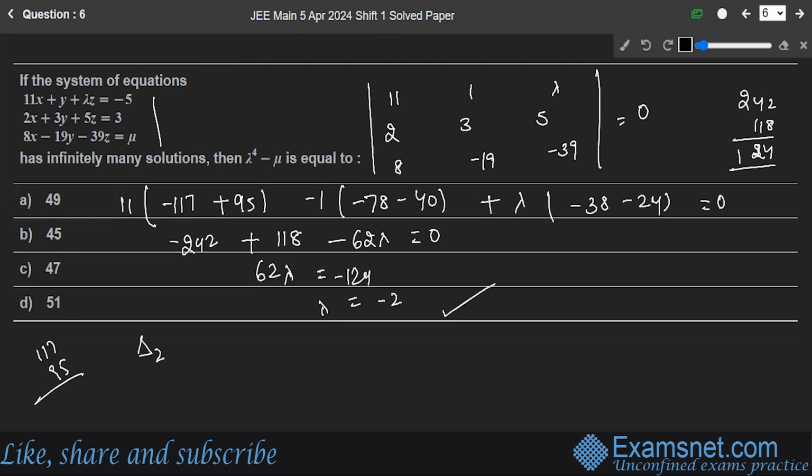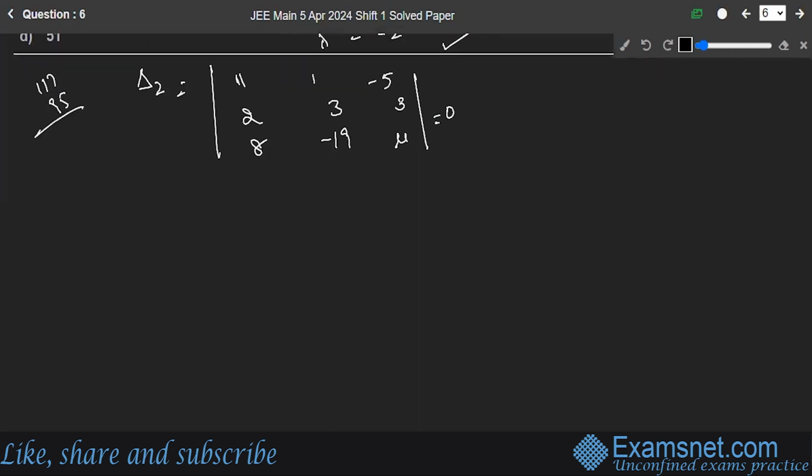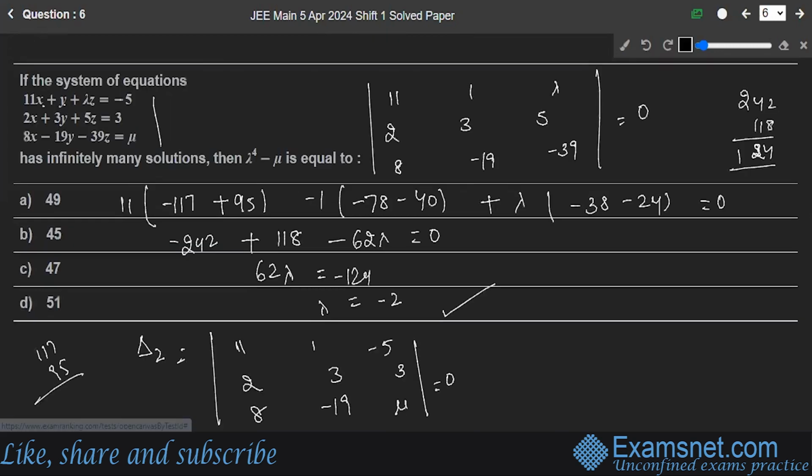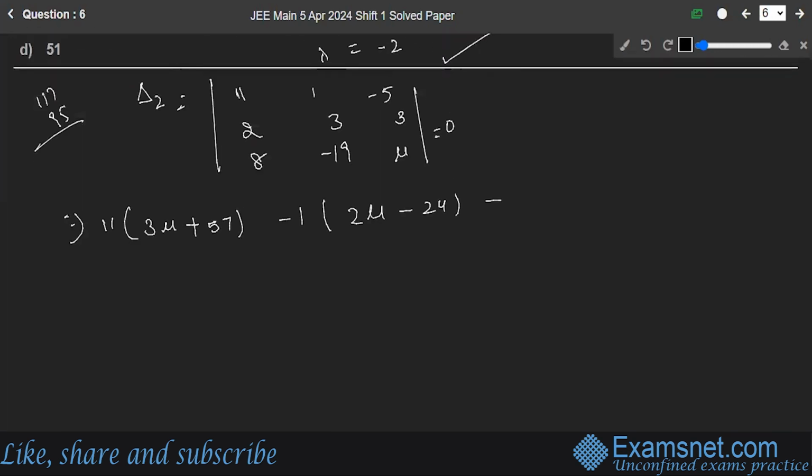Now, delta 2 will be given by taking 11, 1 and minus 5, 11, 1 and minus 5, 2, 3, 3, 8, 19 and mu. This also should be equal to 0. Let's find out the determinant again. You have 11 into 3 mu plus 57 minus 1, 2 mu minus 24 plus 5, no, it's minus 5 into minus 38 minus 24 is equal to 0.